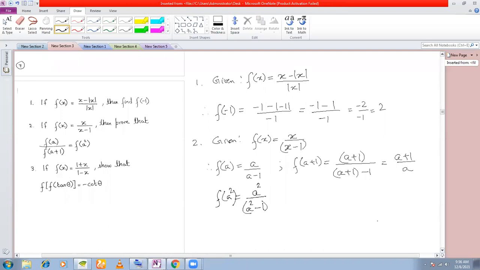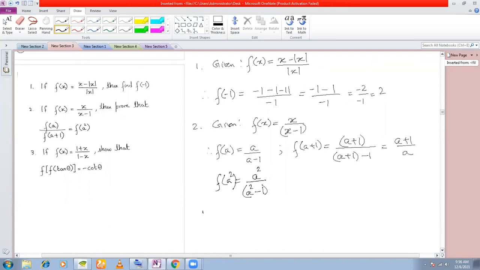Now you start from the left hand side: f(a) by f(a plus 1). f(a) here is a by a minus 1, and f(a plus 1) is a plus 1 by a.